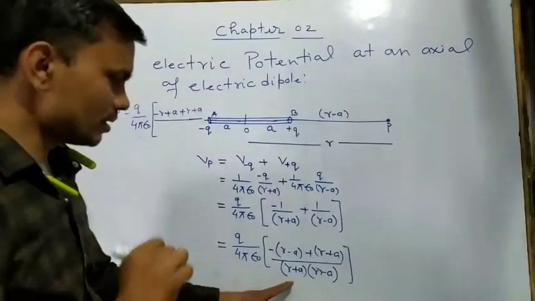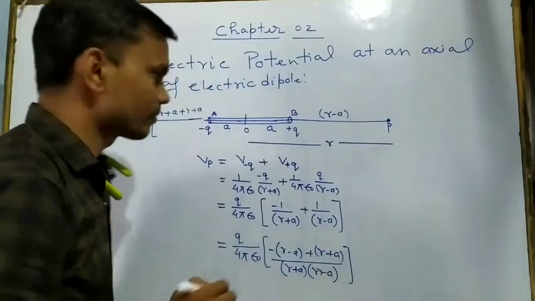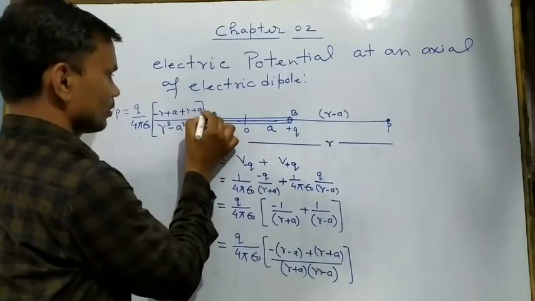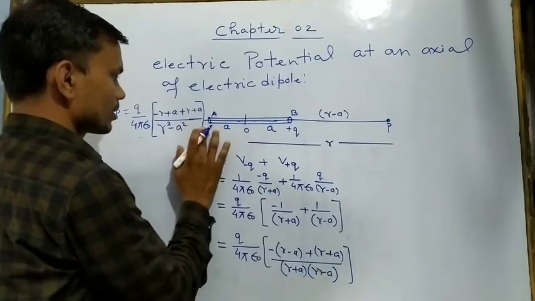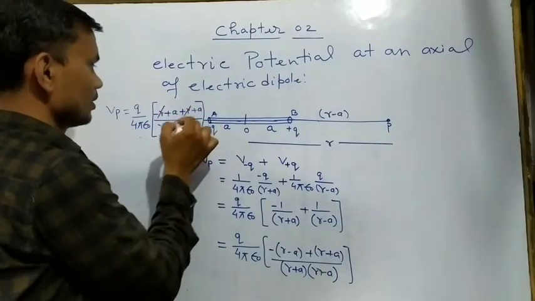So in the denominator, in one bracket a plus b and another bracket a minus b, so a square minus b square, so r square minus a square. This is the minus q charge. So these cancel out.